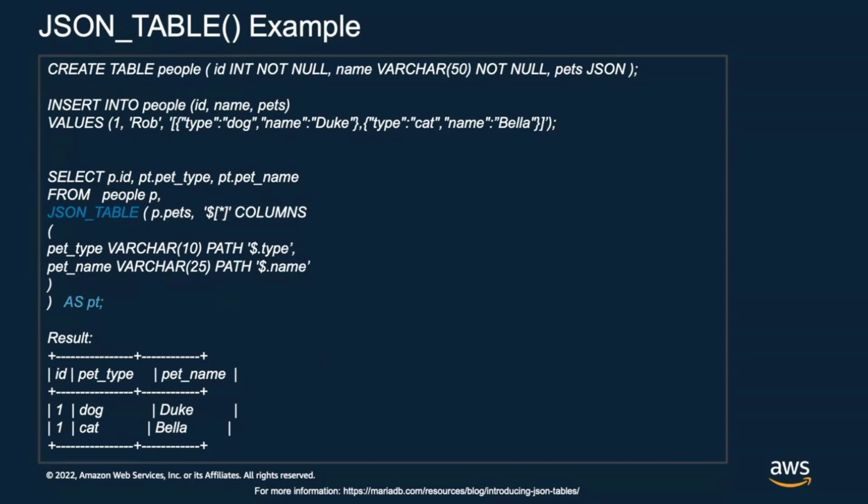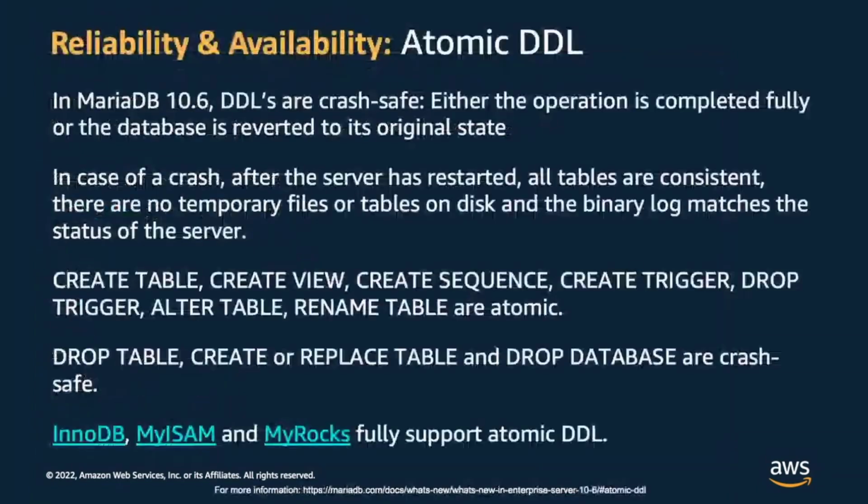And then once you do that, your results will be in a tabular format. So to achieve the same thing before 10.6, you have to use JSON query and JSON value functions, right? So this made it very pretty simple to query any of the JSON data that you have within your database.